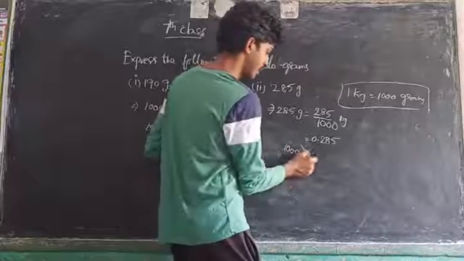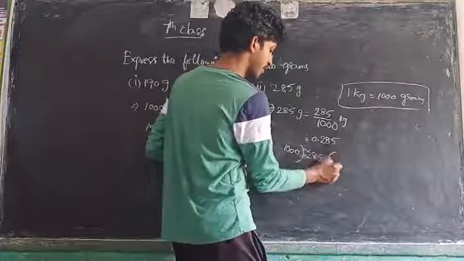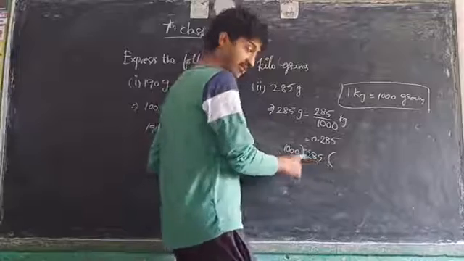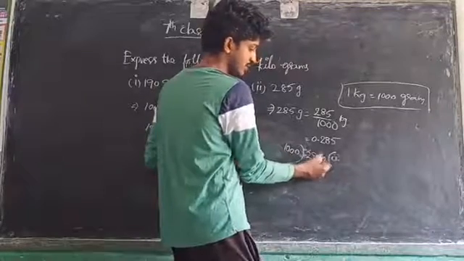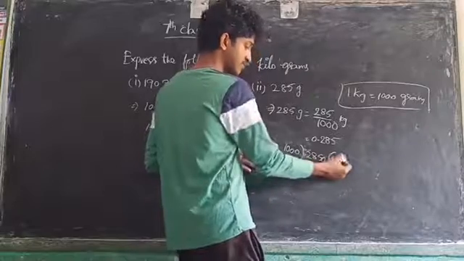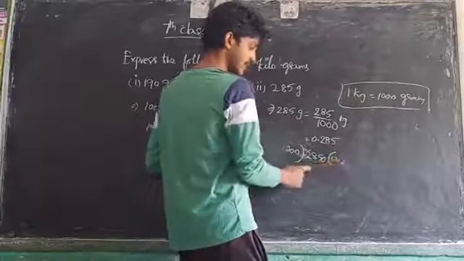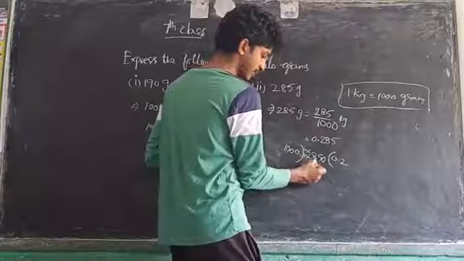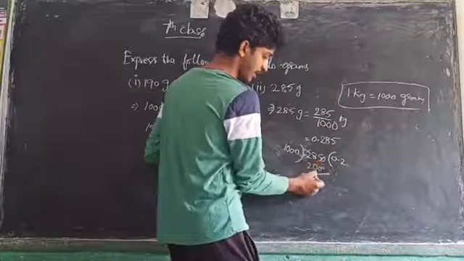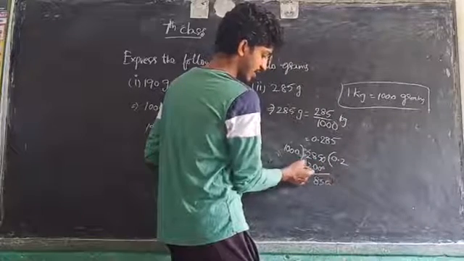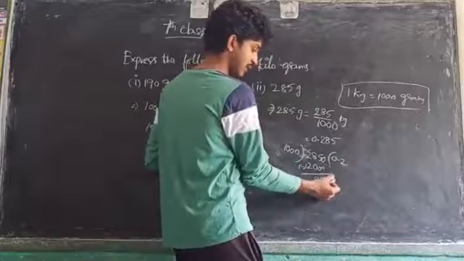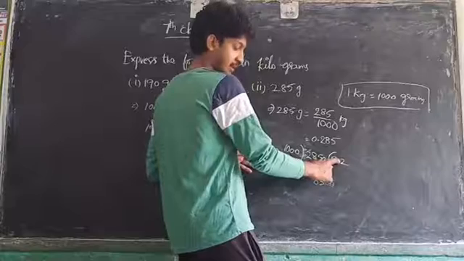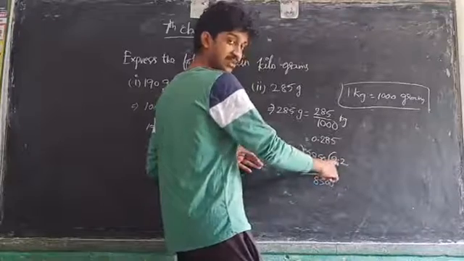Or if you divide this normally, 1000 here, 285, and 285 is much less than 1000. So I am adding a decimal point here. So 0 is added here. Now how many times in 2850? 2 times, 2000. Now 850 is the remainder because we are subtracting here. So add 0 here because there is a decimal point.